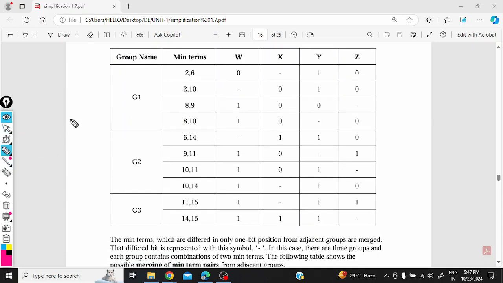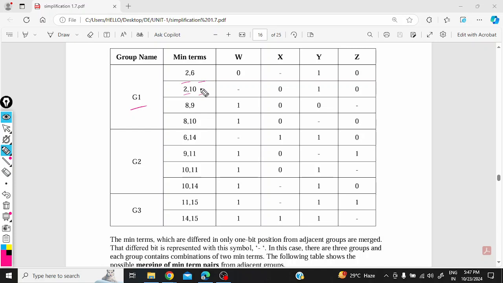Once groups are formed, I need to regroup them. Now I'm making the second table with group 1, where I compare 2 with 6 and 2 with 10. I need to compare the first group with all the remaining ones, where the difference of the two numbers should be one bit.